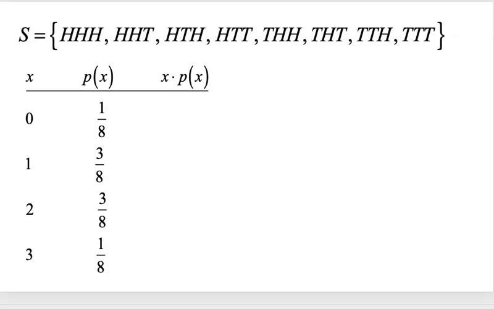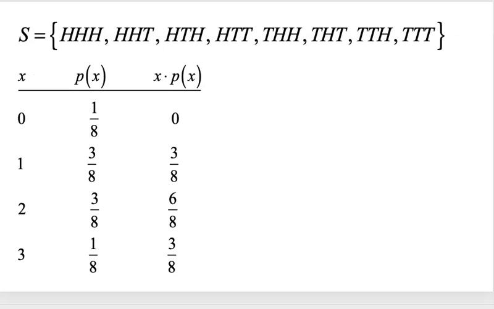So what have I done? I've expressed the x column, the numerical outcomes corresponding to the number of heads. I've constructed the p of x column, the probability of each. And my third column is going to be to multiply the x column times the p of x column. So 0 times 1/8 is 0. 1 times 3/8 is 3/8. 2 times 3/8 is 6/8. 3 times 1/8 is 3/8.